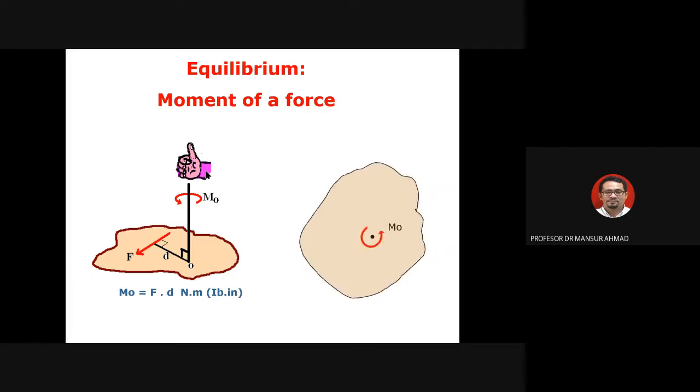This is just to establish the direction. So this is positive direction. Faham ya? There are textbooks that use this as negative direction, but in this class, we're going to agree this is positive direction. So vice versa, this is negative direction. This is moment of a force.